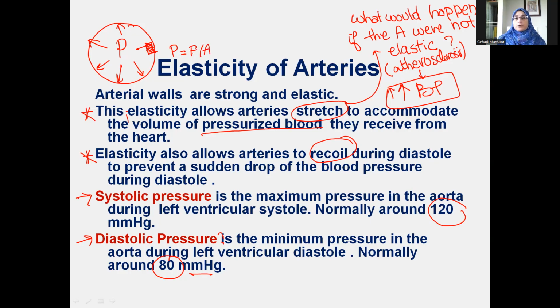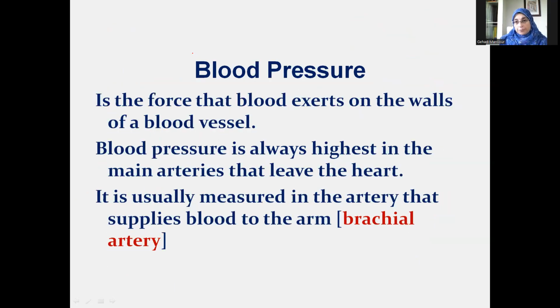So it goes without saying that during the peak of systole, we will have the maximum pressure, which we call the systolic blood pressure. And during the bottom of diastole, or the maximum relaxation, we will have the minimum blood pressure, which is the diastolic blood pressure.